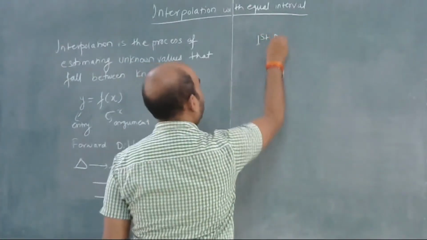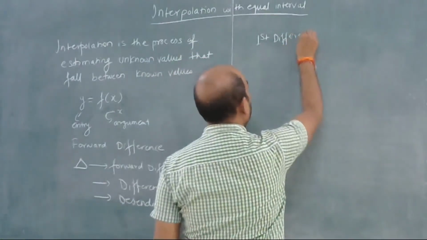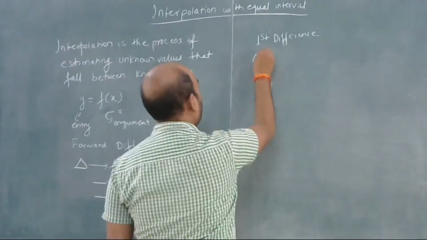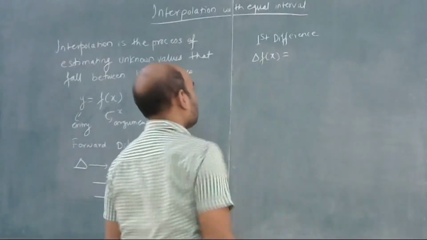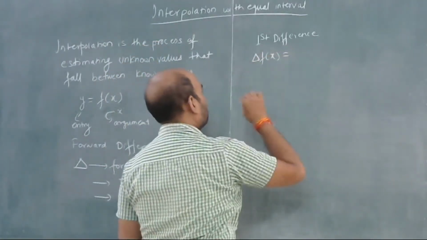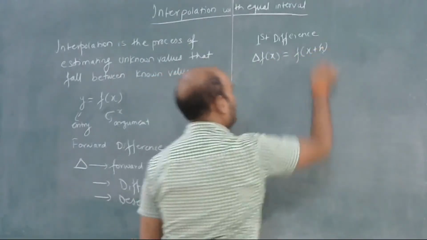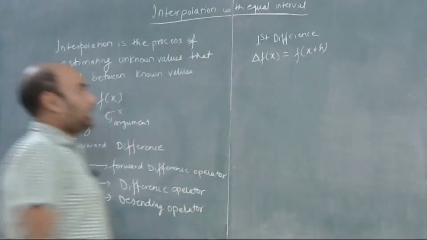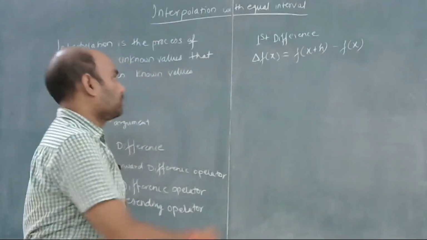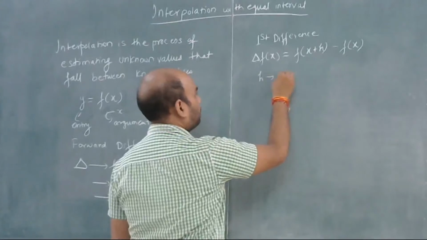So we will see the first difference in terms of function. First difference, del of f of x, is the difference f of x plus h minus f of x, where h is a small step.